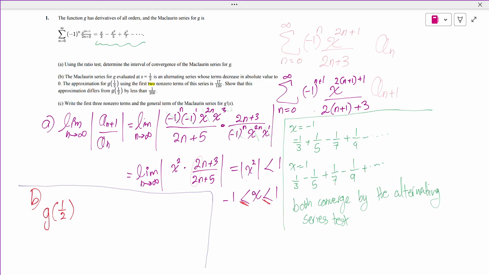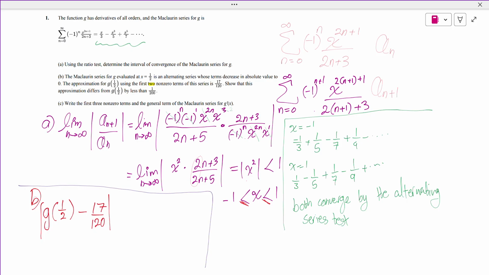This is the actual value minus the approximation. What's the approximation? 17 over 120. The difference between the actual value and the approximation is the error, which is the remainder, right?